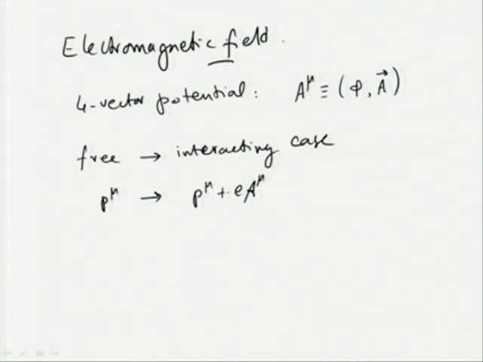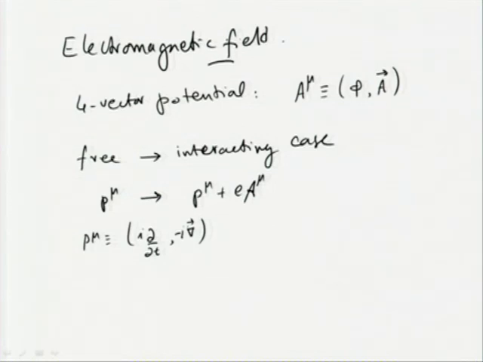Since we have p mu represented by the 4-vector derivative, dou by dou t and minus I gradient, where we have taken units of h cross equal to 1.